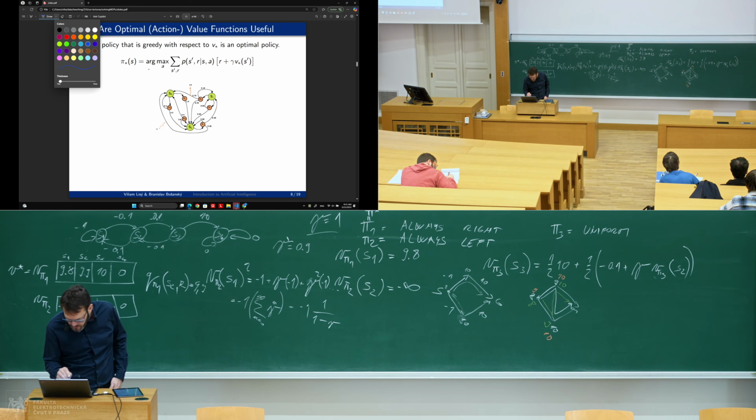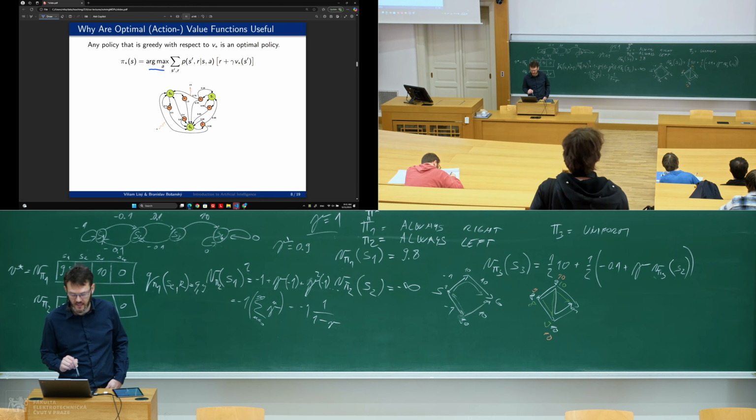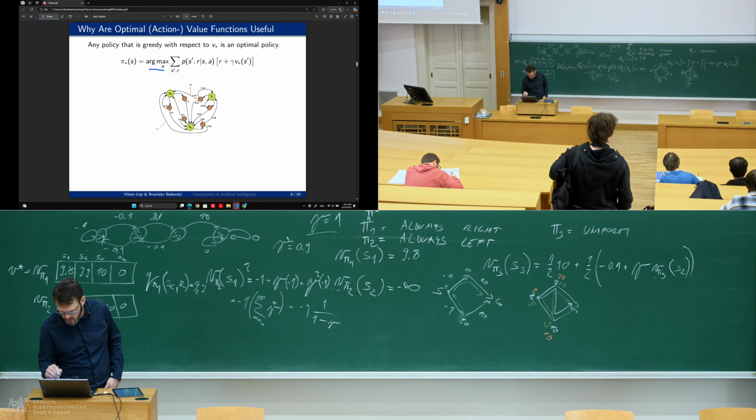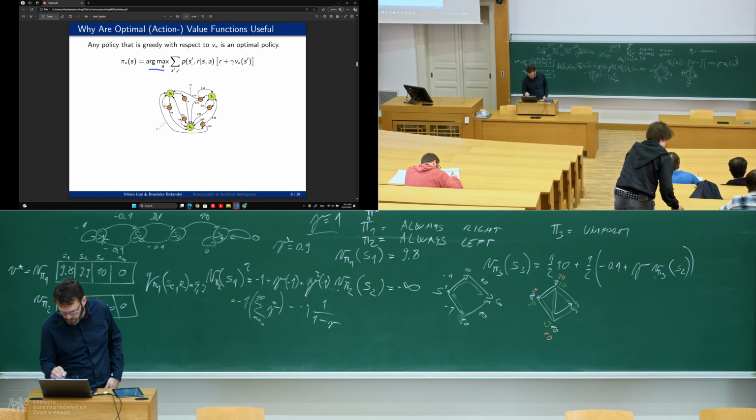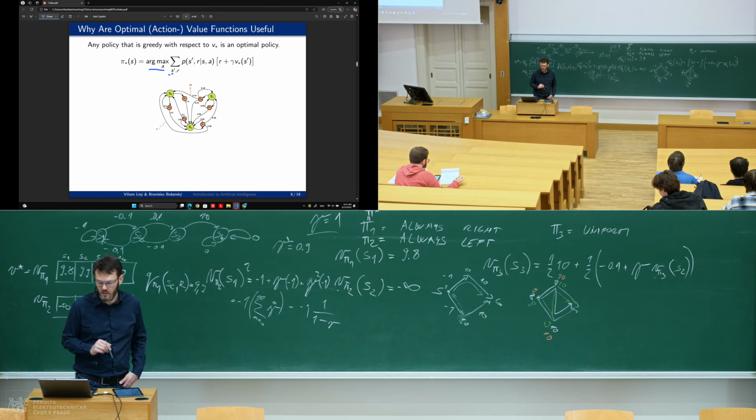So you take the best action, and you take the expectation over all possible next states and rewards. So you take the transition model. This is the probability that you will get to state S prime and get reward R if you are in state S and perform action A. You will get a reward, and you will get gamma times the optimal value function of the following state that you will reach.